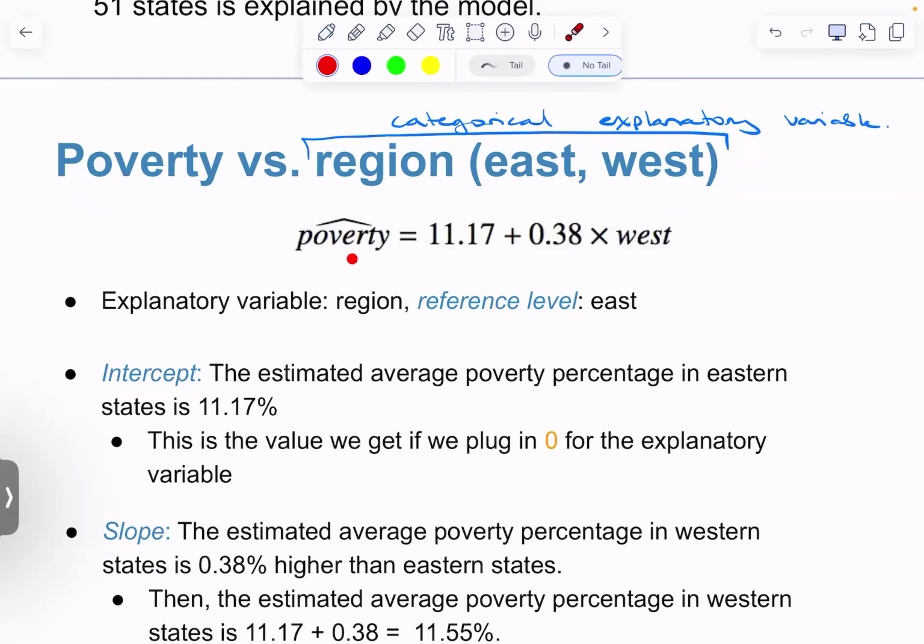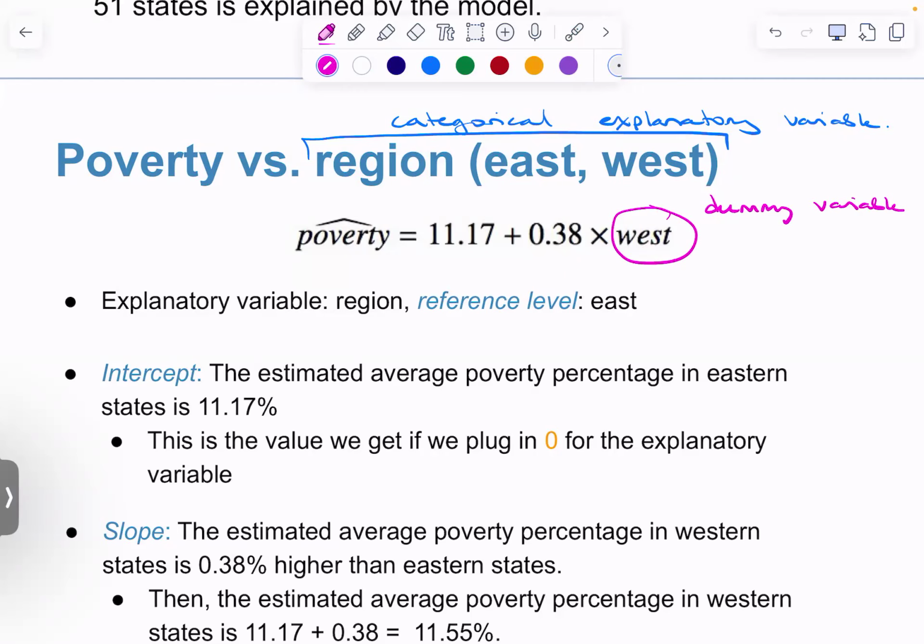And so what we have is the predicted percentage in poverty is, we're told, 11.17 plus 0.38 times west. Now, this is what we call a dummy variable. Usually we call it a dummy variable, and an indicator variable, but usually we do call it a dummy variable for some reason.